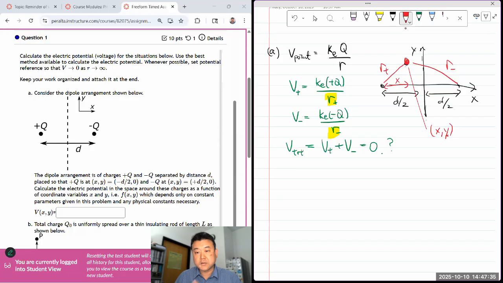For calculating, or figuring out, vector r plus, for that point at x, y, the y coordinate is fine. I can just leave it as y. For the x coordinate, I have to account for that it's to the right by some distance, not to the left as shown here. I think through some potential guesses, and the guess I have is x plus d over 2.